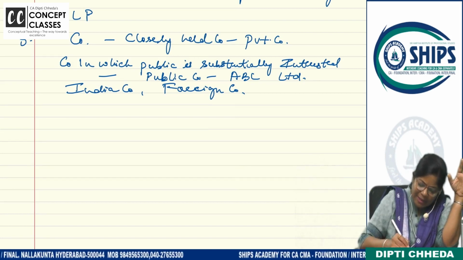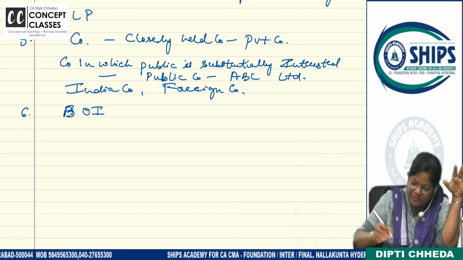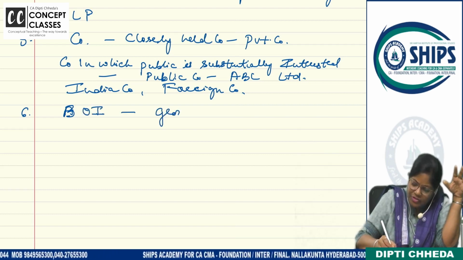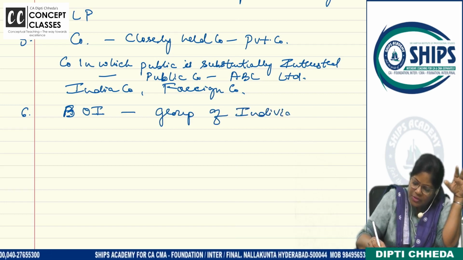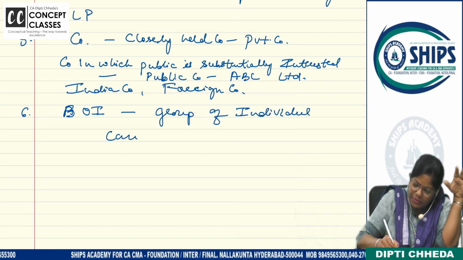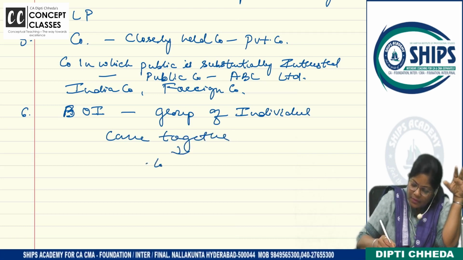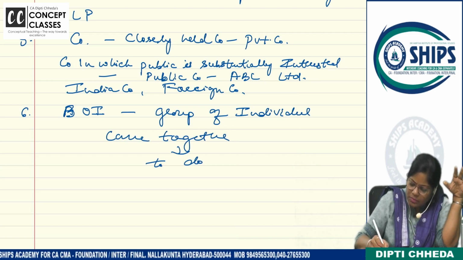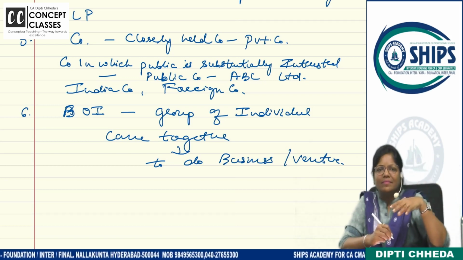The fifth one is company. Then what will we do? First we will do body of individuals. What is a body of individuals? A group of individuals who come together to do business for a limited time or a venture.